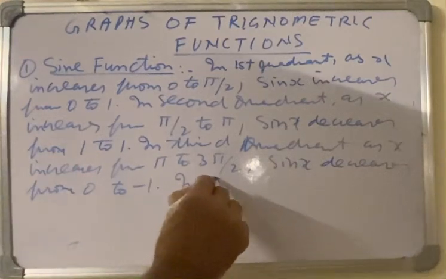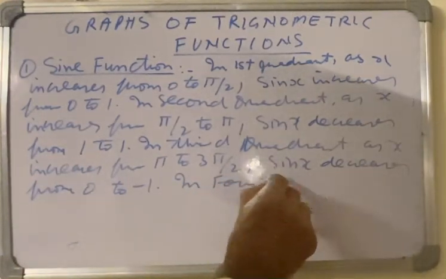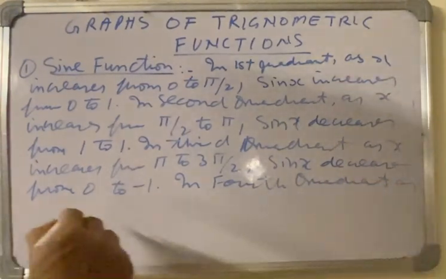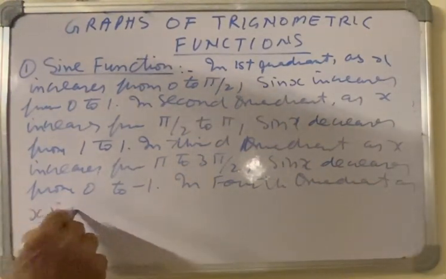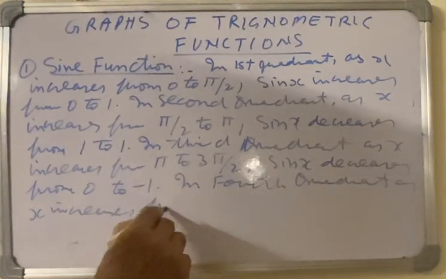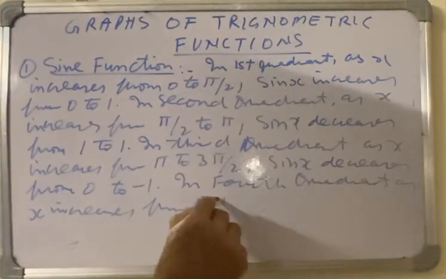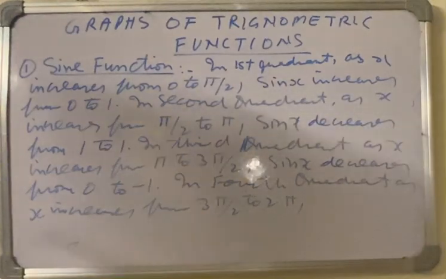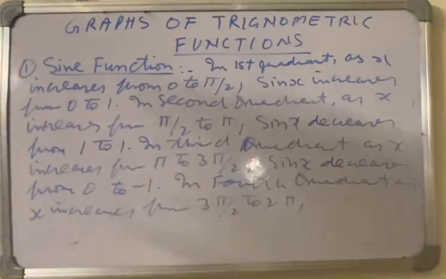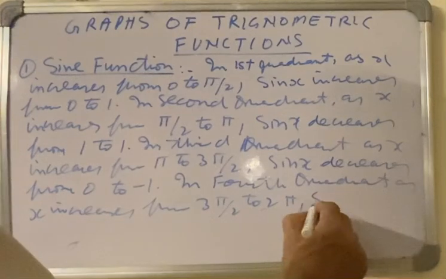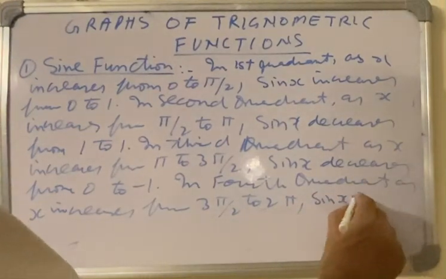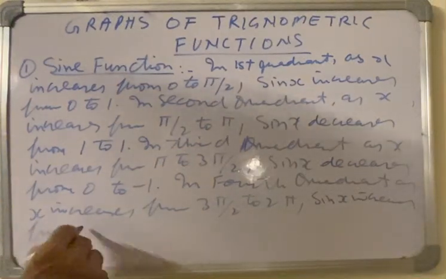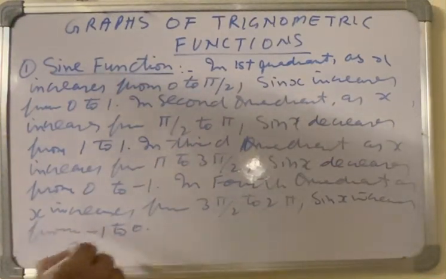In the fourth quadrant, as x increases from 3 pi by 2 to 2 pi, sin x increases from minus 1 to 0.